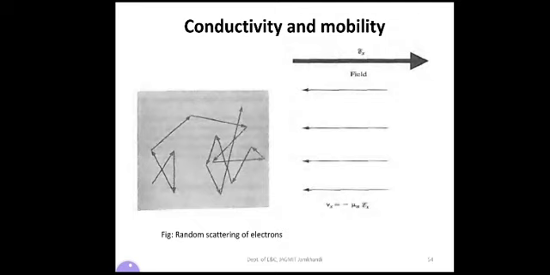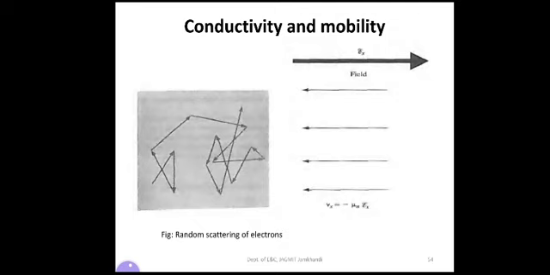The charge carriers may be electrons or holes if you consider a semiconductor, but if you consider a metal, it is only electrons. At room temperature, for example, the thermal motion of an individual electron may be seen as random scattering from lattice vibrations, impurities, other electrons and some defects. That is shown in figure 1.